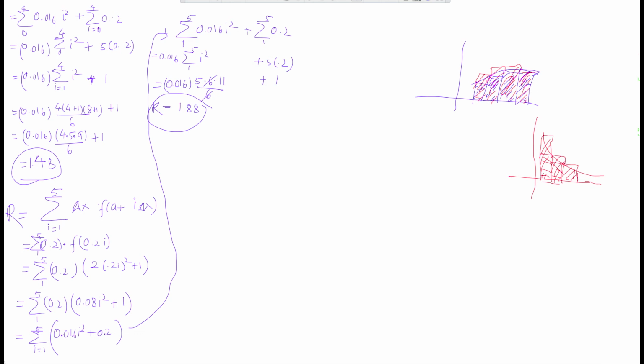Instead of taking the left area and the right area, what people do is take the midpoint, then take the height there and think of that as the height of the first rectangle, although the total area goes up to here, right? And for the second rectangle, take the midpoint here, take that as the height and then complete the rectangle like this.